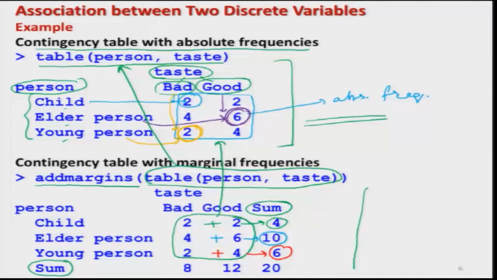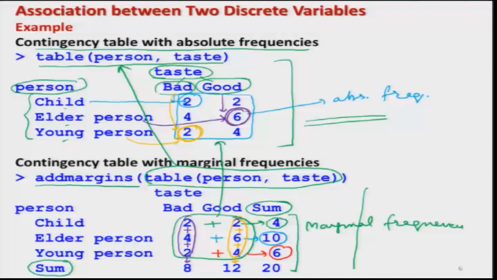Similarly, for the first column, 2 plus 4 plus 2 is equal to 8, and for the second column, 2 plus 6 plus 4 is equal to 12. So this sum is indicating the marginal frequencies.